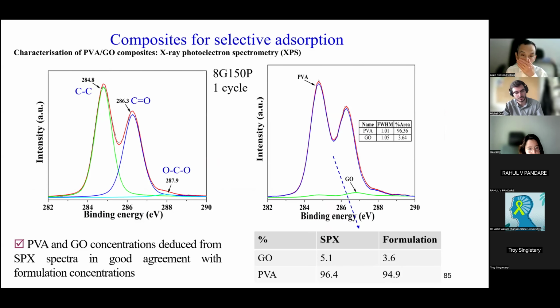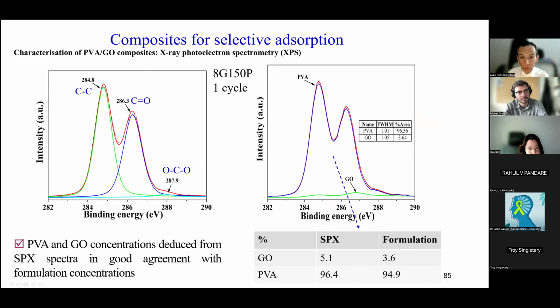So, to ensure that we have a good synthesis and a good functionalization, we classically perform X-ray photoelectron spectroscopy. And here we have an example of a result, intensity as a function of binding energy.